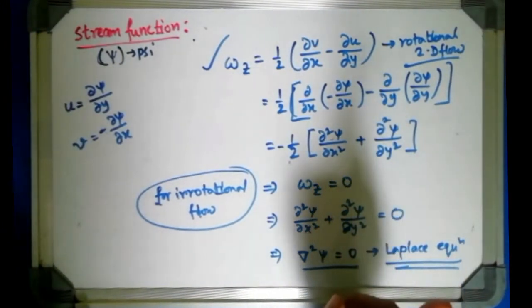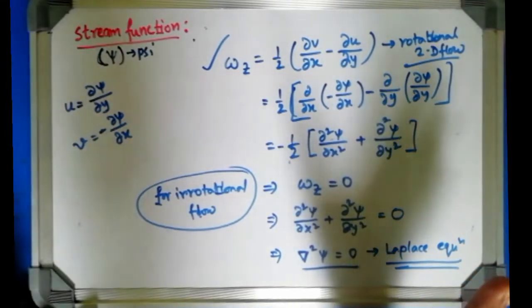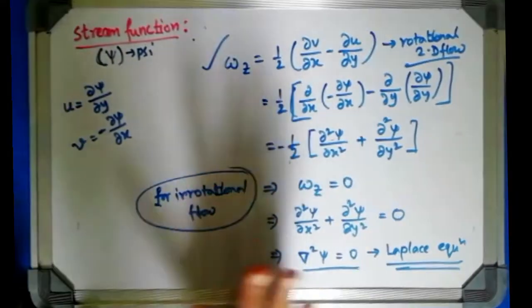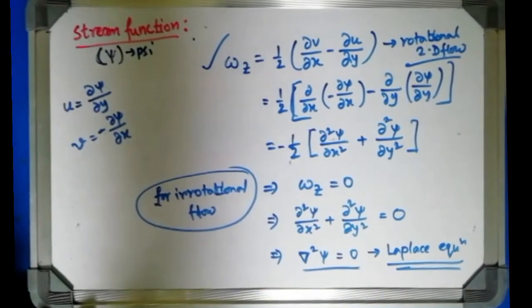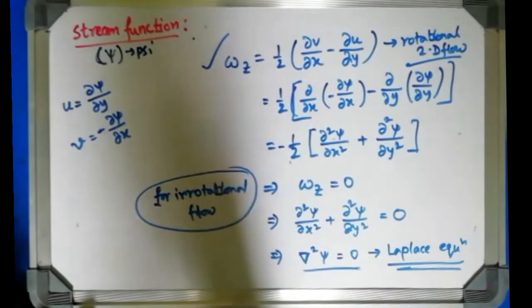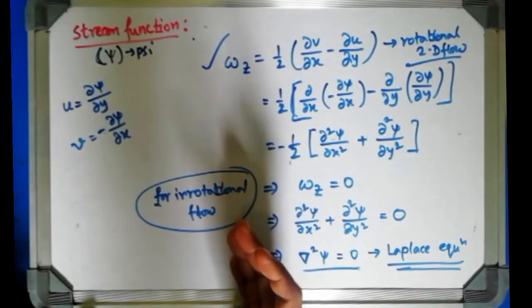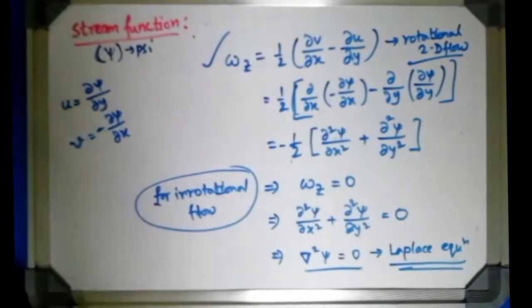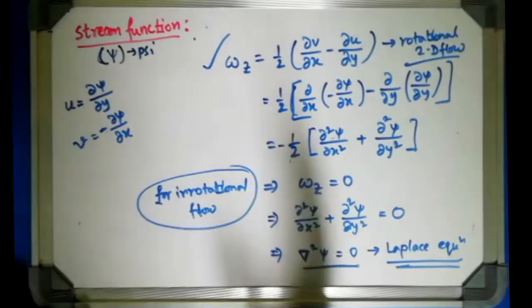Okay. What are the things we can clear from here? I think they are all clear to all of us. And why do we use this stream function? Just to convert the continuity equation for a 2D flow from two variables into one variable. That is all the information we can jot down or conclude regarding a stream function.